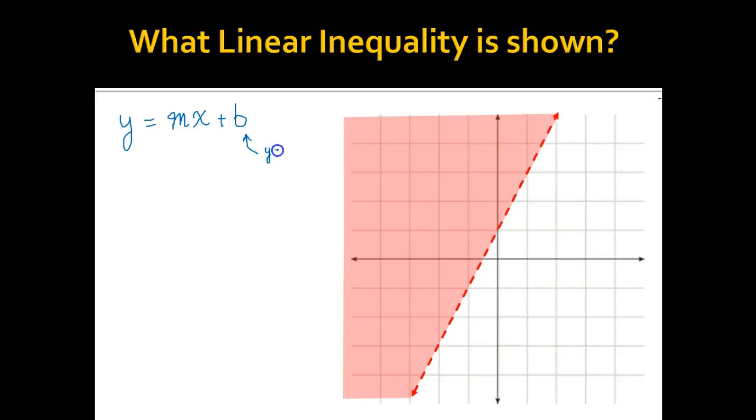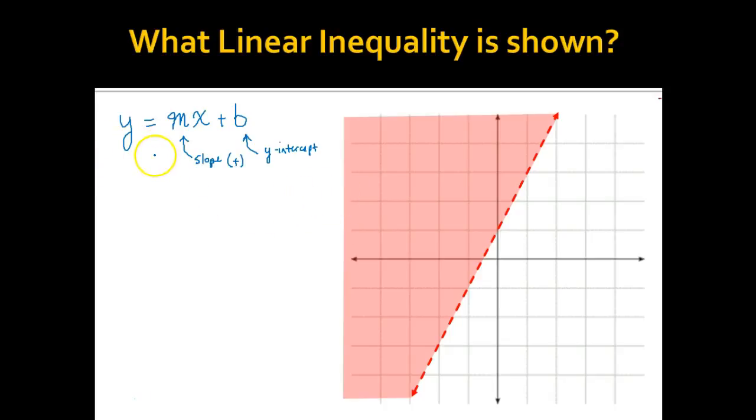Y-intercept. Okay, then the m is the slope. And this time we can see that our slope is positive. Our slope is positive, so it's going to be positive. It's going uphill from left to right instead of downhill.